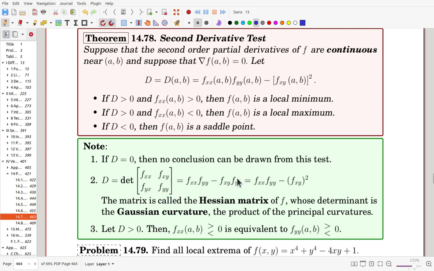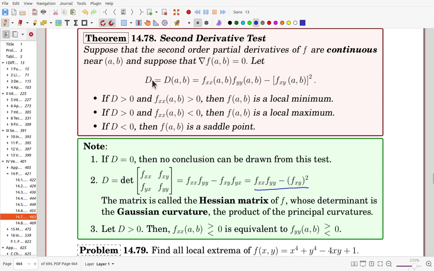Now, once the second partial derivatives are continuous, then from Clairaut's theorem, we know that f sub xy and f sub yx are the same. So we can get this term.